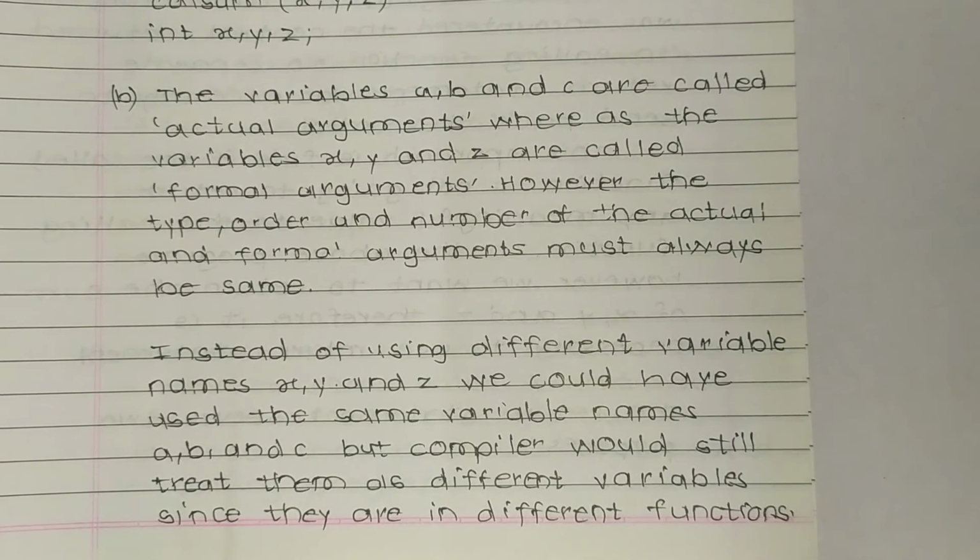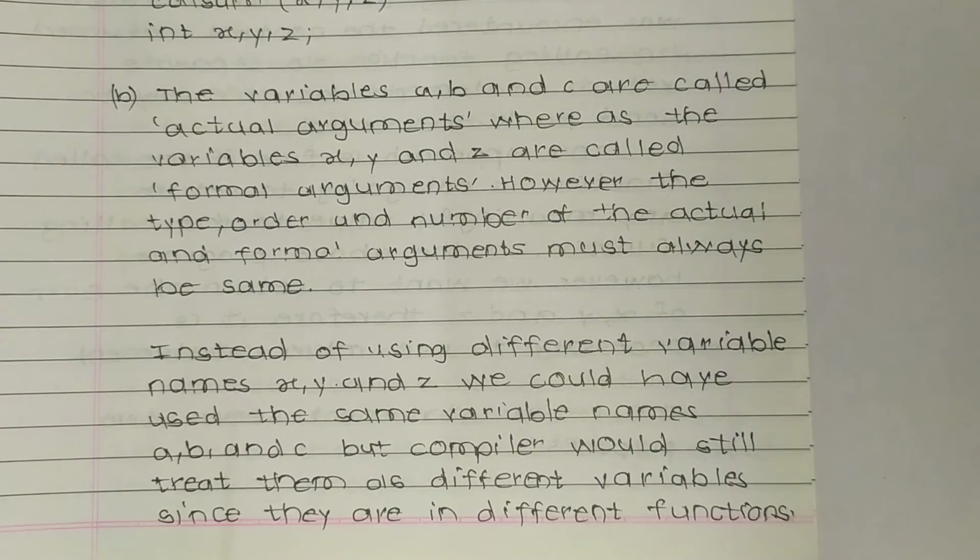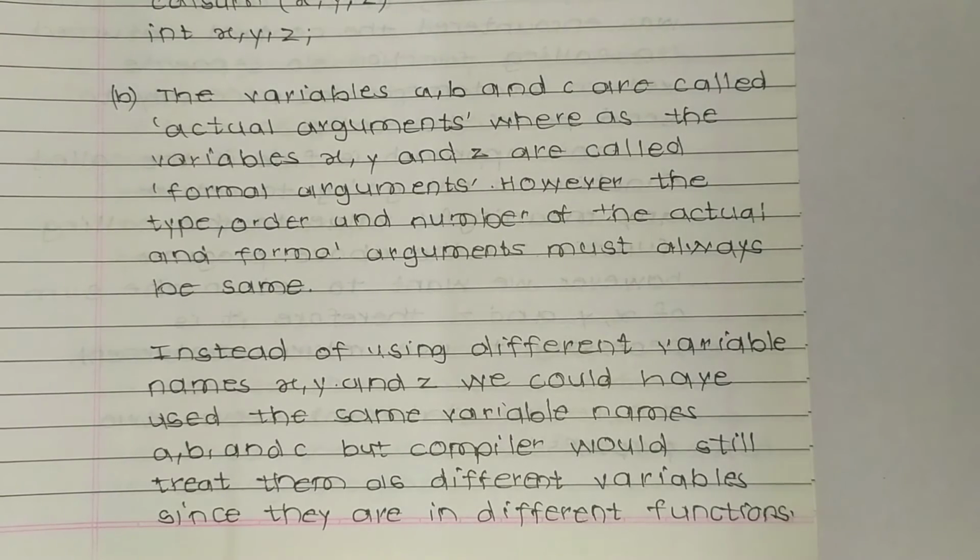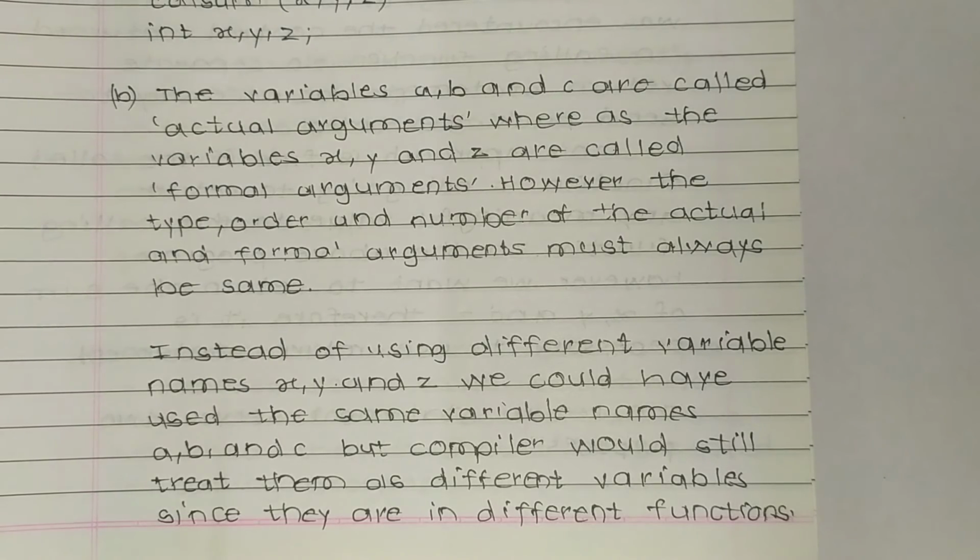Calsum is a different function, and main is a different function. So that's why, no matter what we call them, they will be treated as different by the compiler.